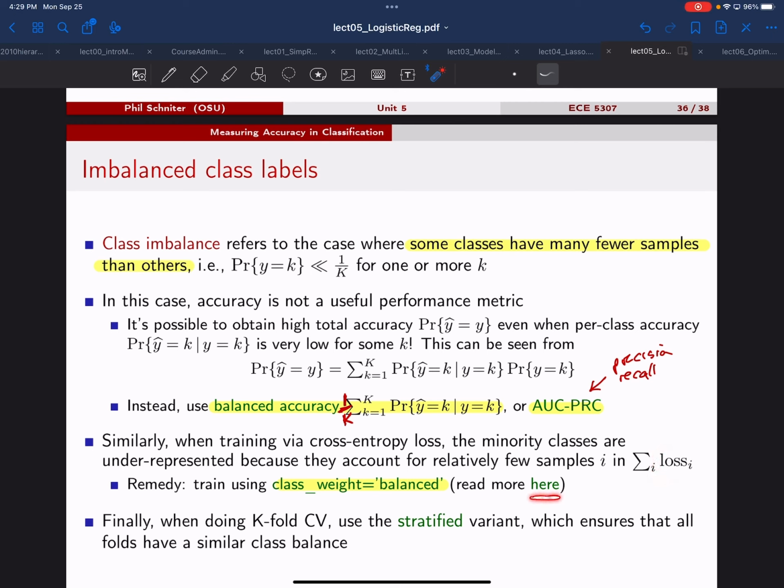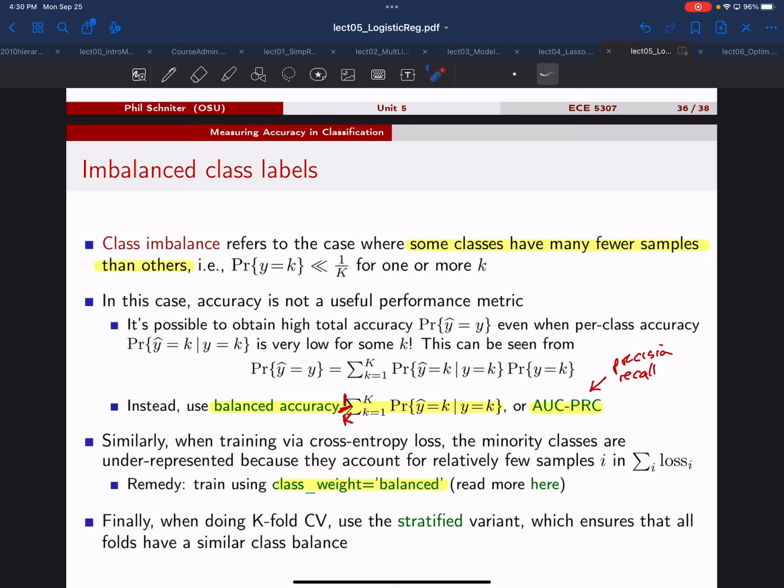But the details are here if you want to read about it. This is a nice way to make the training more robust to this class imbalance. Okay. Any questions there?